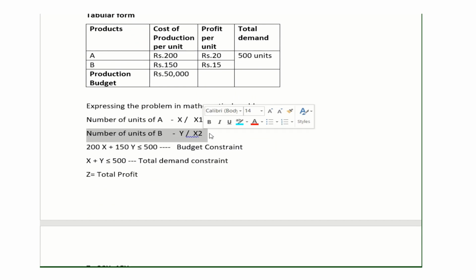In some books they use X and Y for two variables. For more than two variables you can use X, Y, Z, and so on. Various book authors use X1, X2, X3, X4.